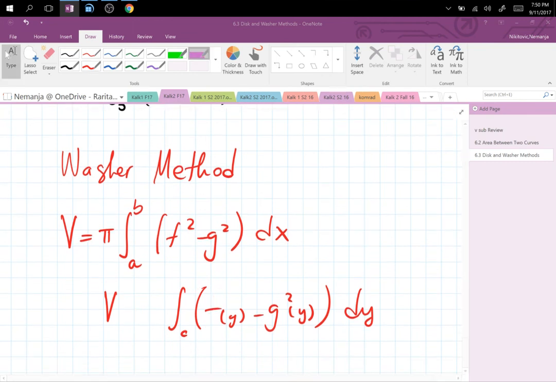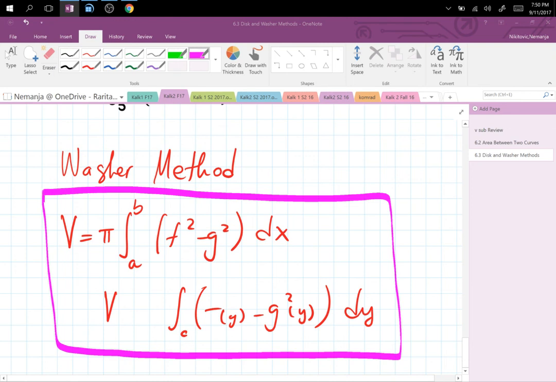So one or the other. Fill in the blanks. So washer method. Why is it called washer method? If you take and cut the hollow object, you get washers, right? You know what a washer is.